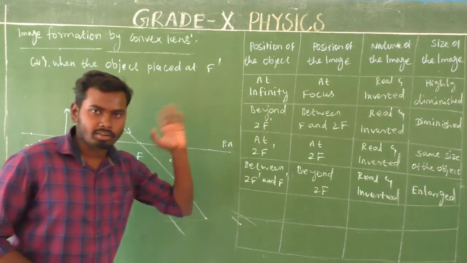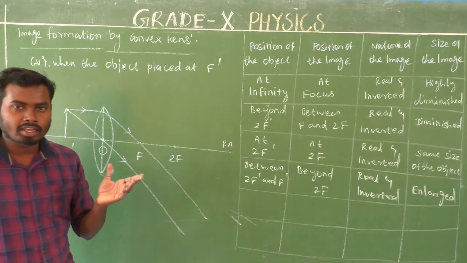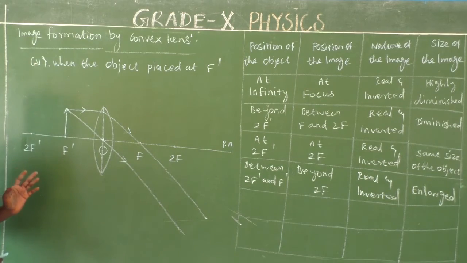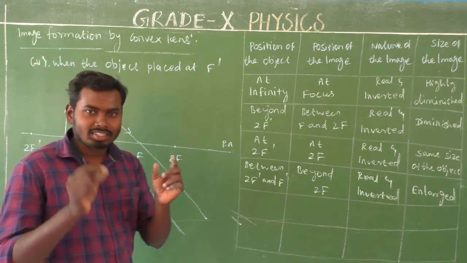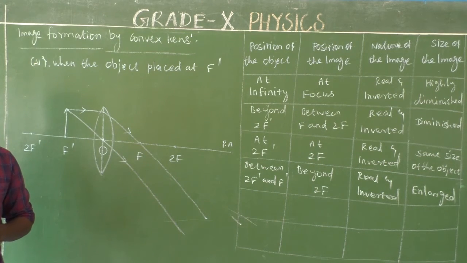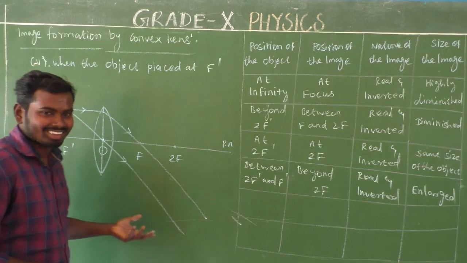So at infinity, the image will be formed. It's very, very simple. Then what will be the size of the image? Diminished, enlarged, or equal to the size of the object? That should be enlarged. That's all, very simple.